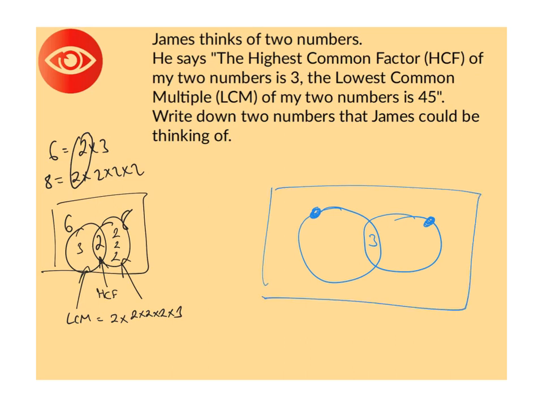And we also know that when I multiply everything else that's in here by everything else that's in here and by the 3, then we get 45, because that's how we find the lowest common multiple. So what would be useful now is to have the prime factorisation of 45.